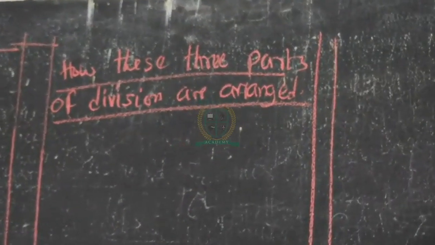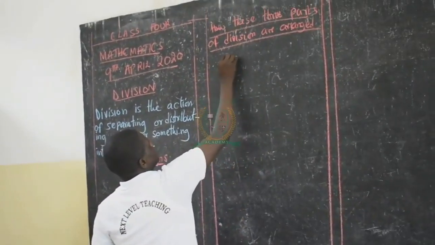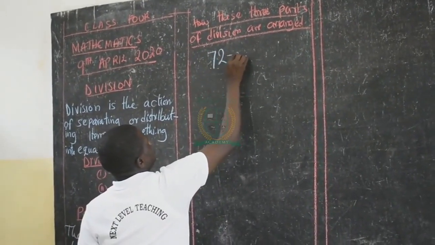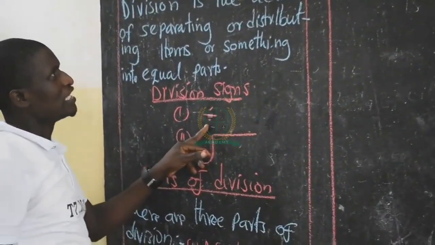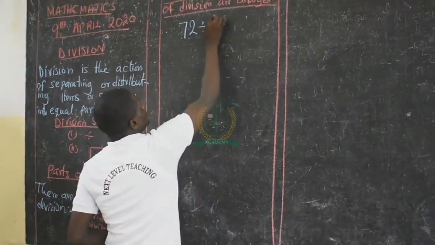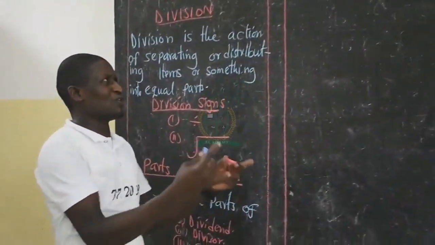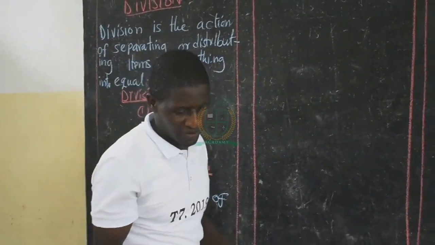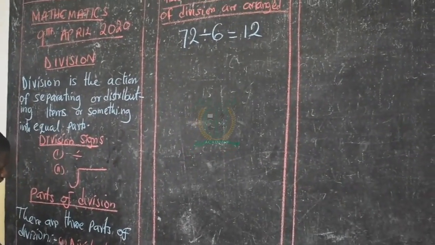I'm going to give an example. For example, you are given 72 divided by 6, using the short sign of division, is equal to 12. We are going to see how we get 12, but for now, let us first see how these 3 parts of division are placed.